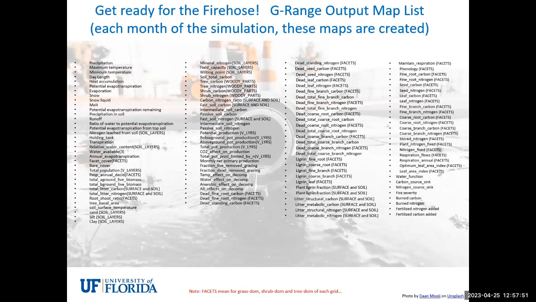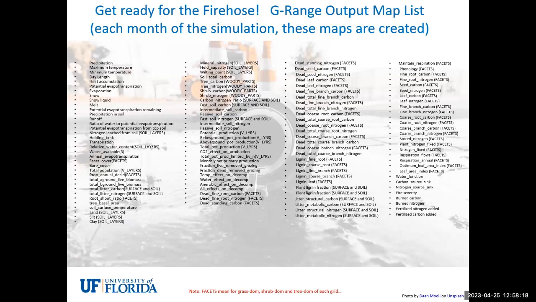Whenever something says facets in parentheses, that means you have 3 of those. Let's look at the 3rd column at the top: dead standing nitrogen facets means you can have 3 maps, the dead standing nitrogen in the grass dominated areas, the shrub dominated areas, or the tree dominated areas. So you get an idea of what kind of fire hose you get with this data.